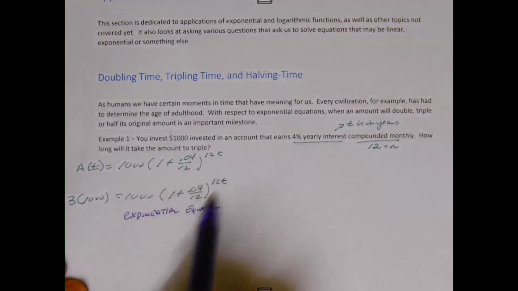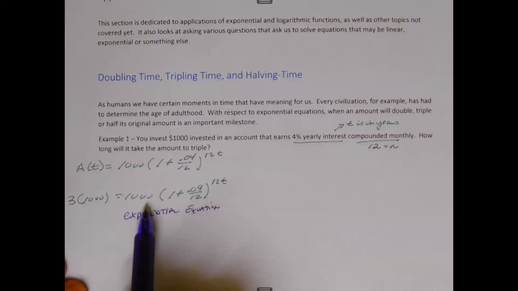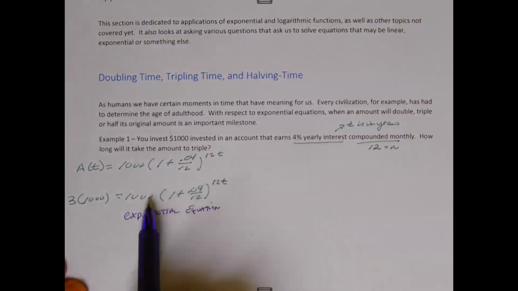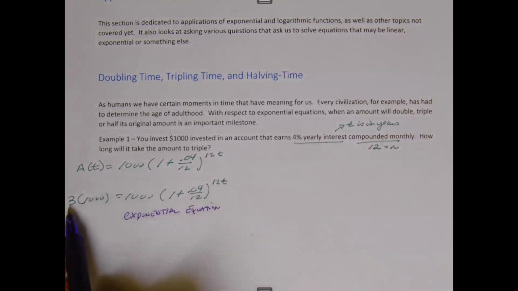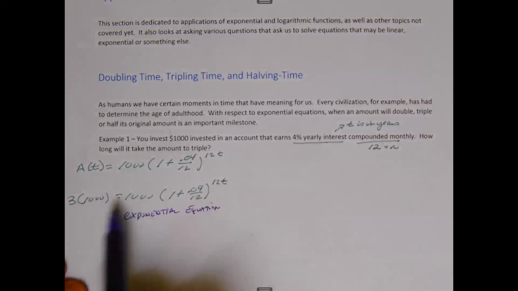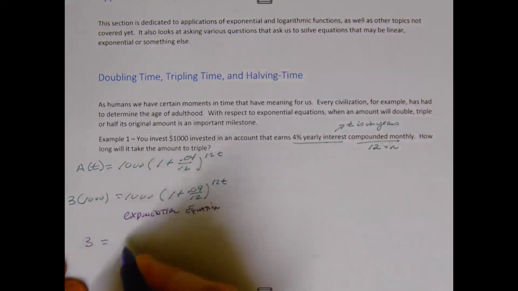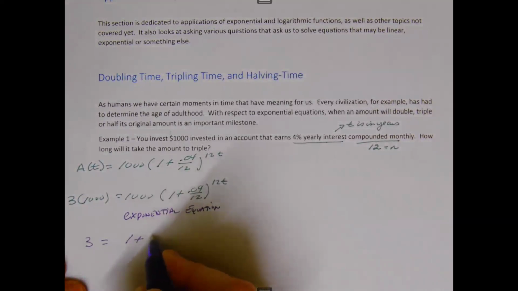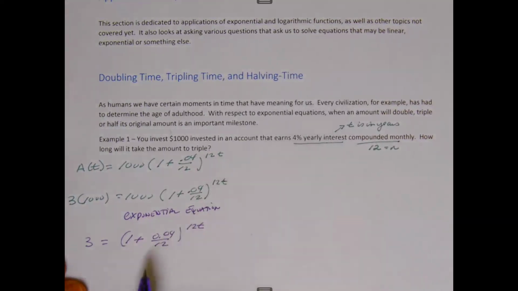I need just the exponent exposed, not other things hanging around, like adding something or multiplying by something. So I'm going to divide both sides by 1,000. I wrote this purposely so you can see that when I divide both sides by 1,000, all I get is 3 equals (1 + 0.04 divided by 12) to the 12t.